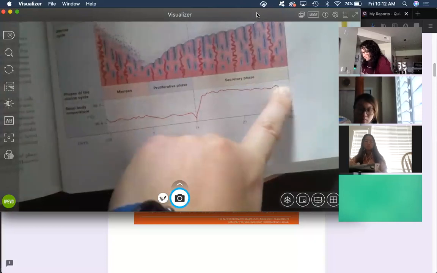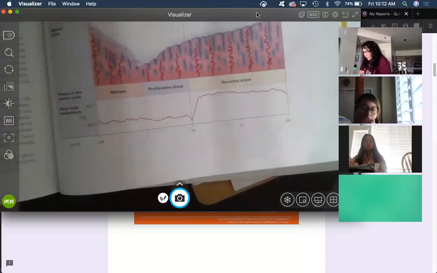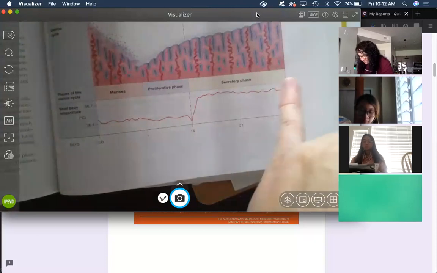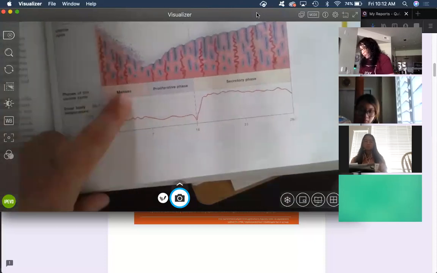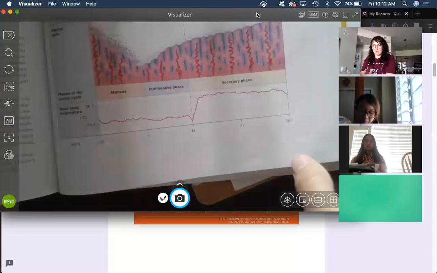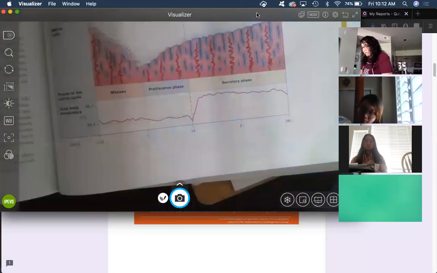If somebody has PMS, it's usually at the end of the secretory phase and it can continue on during menses. But this is how the menstrual cycle works, and all of it is based on hormones. The different hormone levels fluctuate, and that will determine what's happening to the uterine wall.